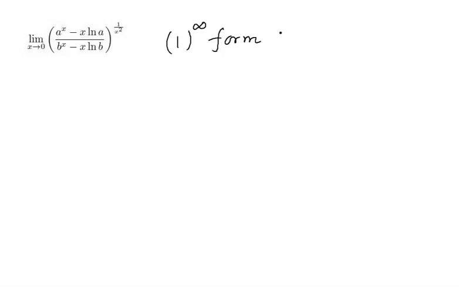So this kind of form is called an indeterminate form. 1 to the power infinity is a classical example of an indeterminate form which cannot be directly determined without calculating the limiting value.